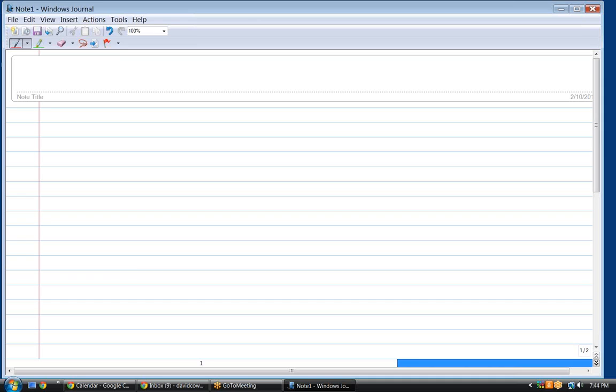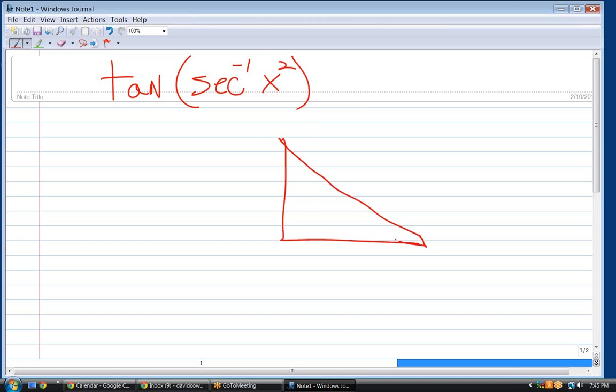And the last one of those is tangent of inverse secant of x squared. The hypotenuse is what?